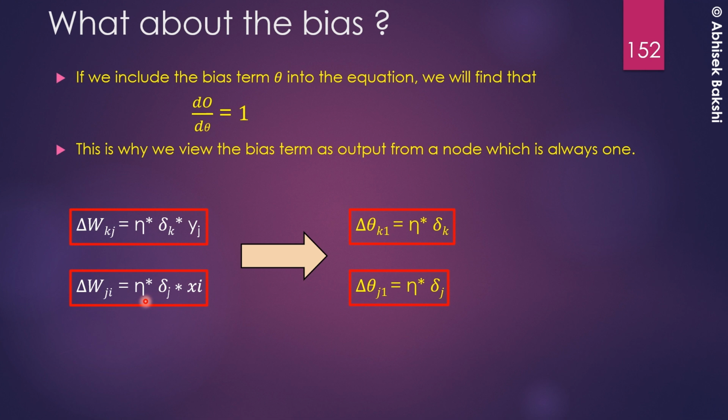The corresponding bias in the input layer we can consider as delta theta j1, which can be represented as eta into delta j. So these are all the equations we have found, and now we have to see how to sort the equations one by one, so that we can understand what to do first, what to do next, and so on and so forth.